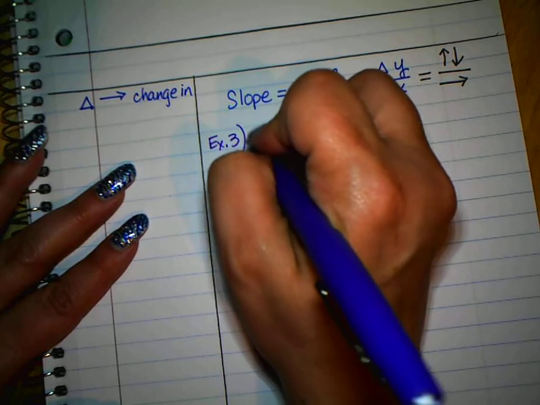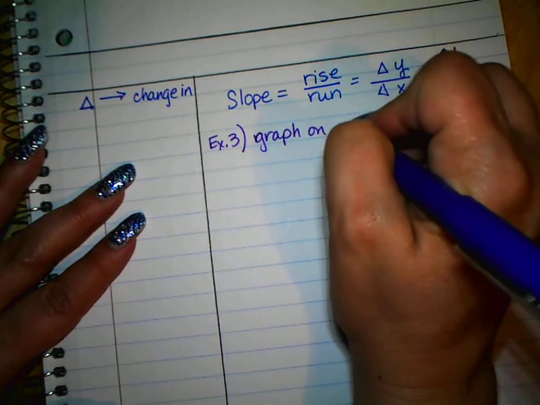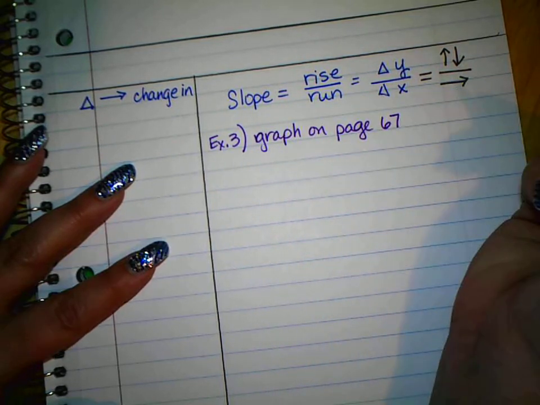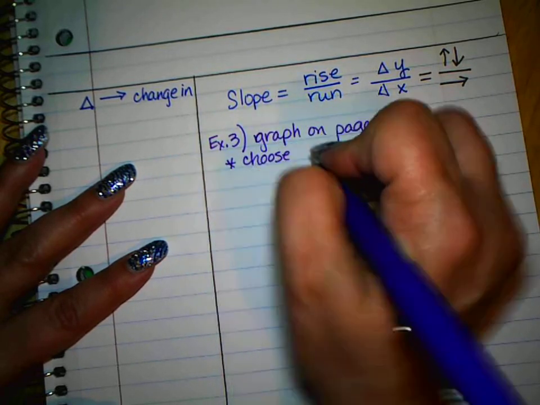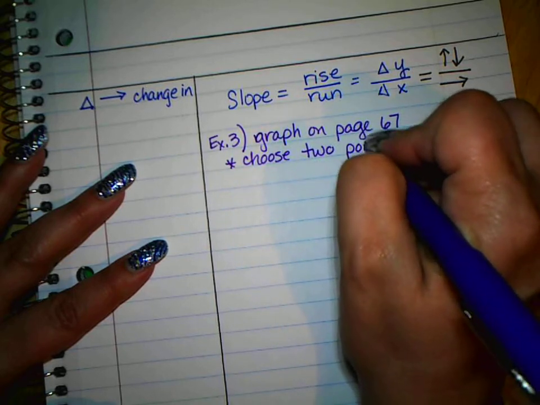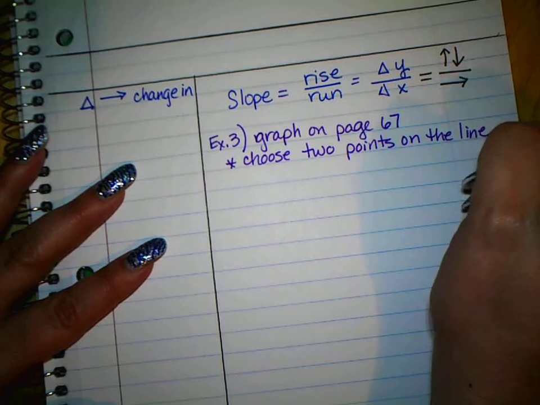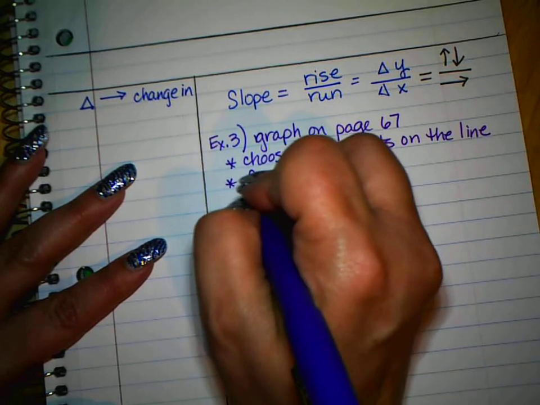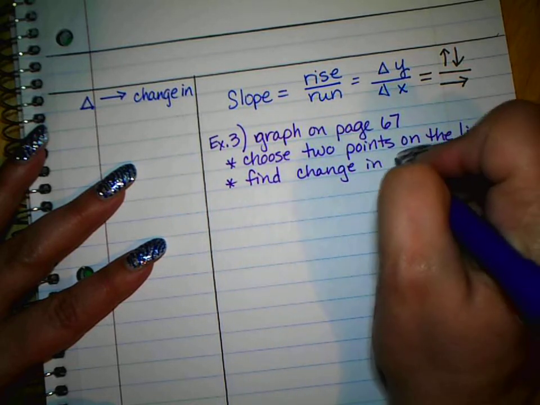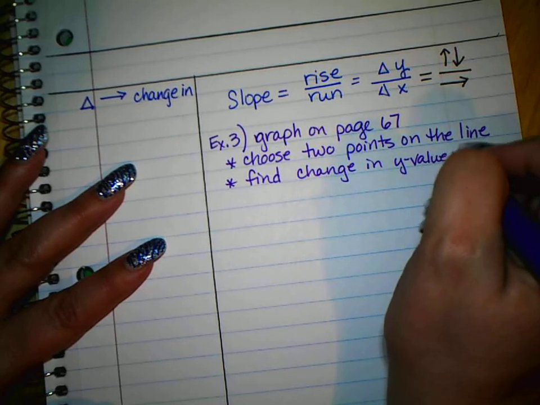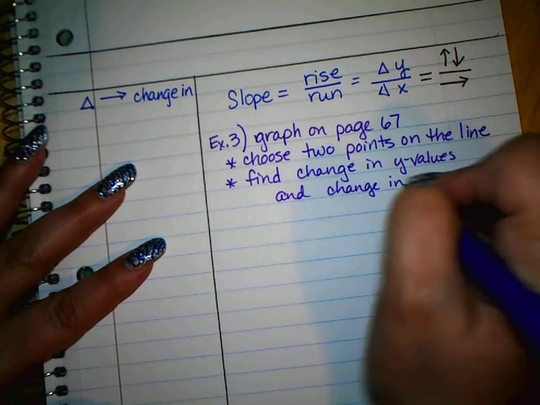Example 3, and I'm referring to a graph on page 67. I'm going to tell you to choose 2 points on that line. And then you're going to find the change in the y values and the change in the x values.